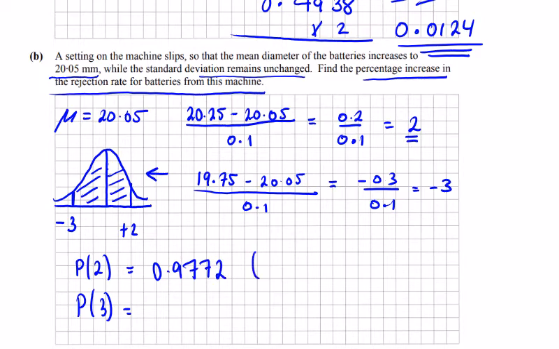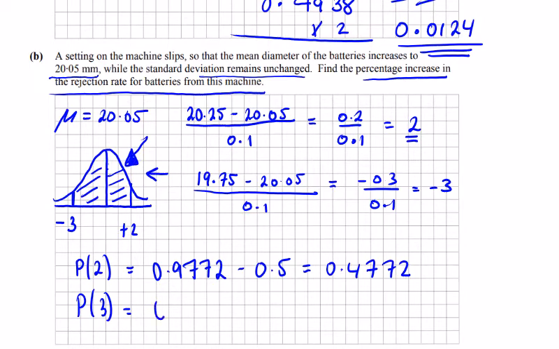If we take 0.5 away from that, we're going to get 0.4772. Now we don't have to do it this way, I'm just doing it this way today, maybe just to entertain myself. So in there, there's 47%.